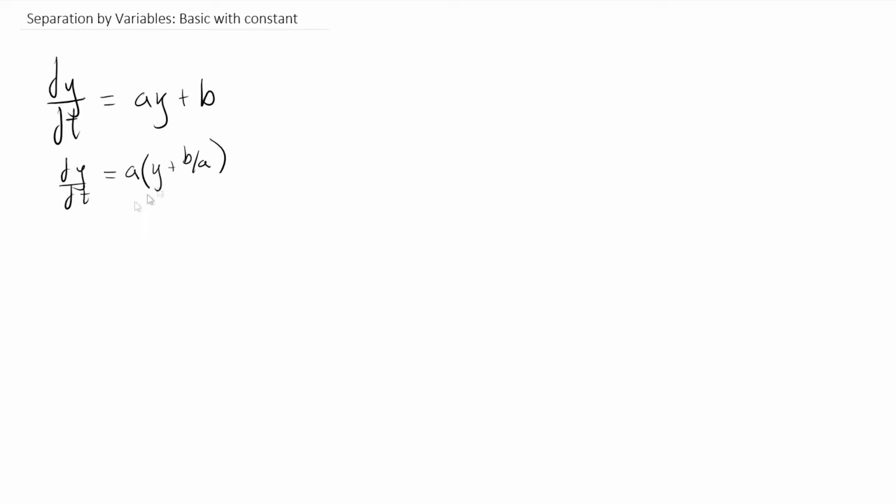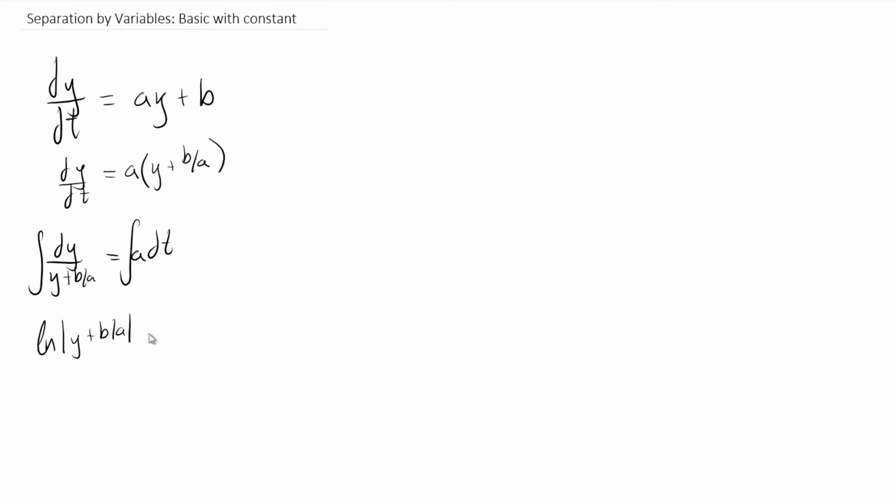And now we're going to move this whole section over here and dt over. So it's going to be dy over (y plus b/a) is equal to a dt. Then we're going to integrate both sides, which gives us ln of (y plus b/a) is equal to a t plus c.